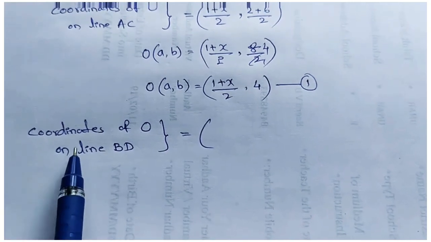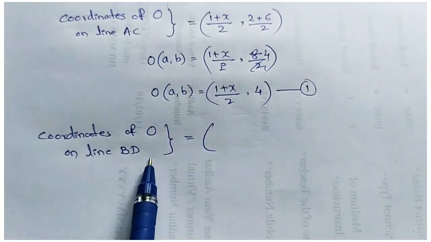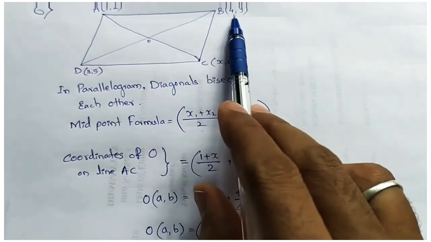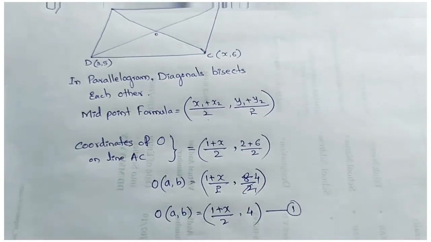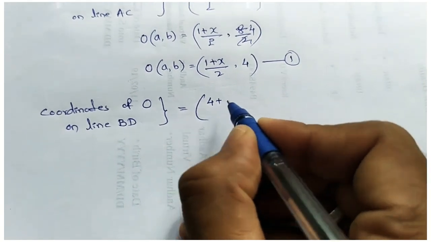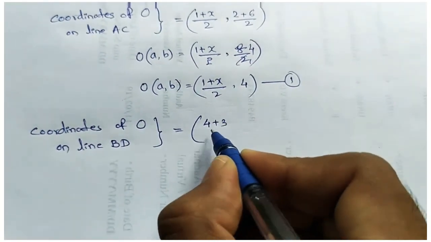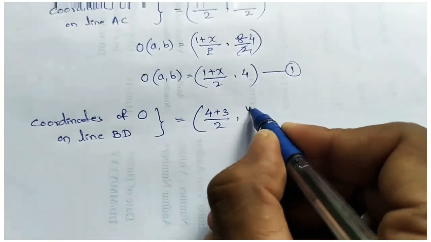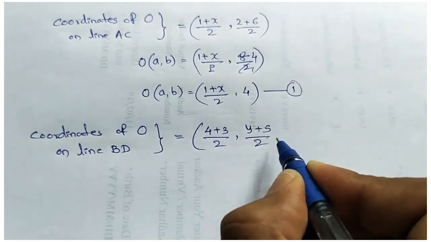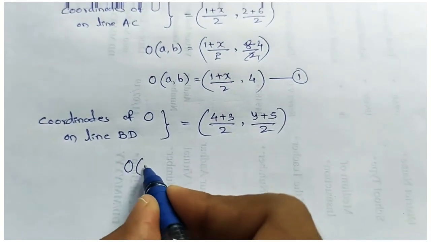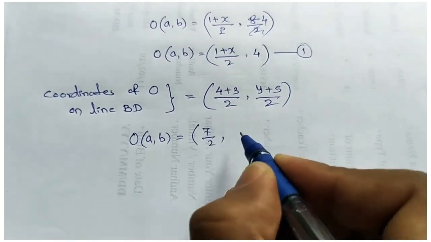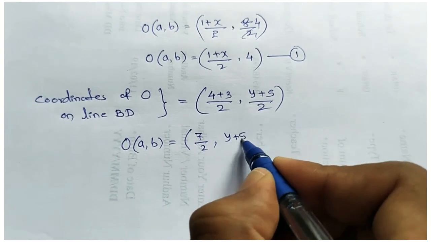Similarly, the coordinates of O on line BD, with points (4, y) and (3, 5). Writing x1 plus x2, 4 plus 3 by 2, and y plus 5 by 2.